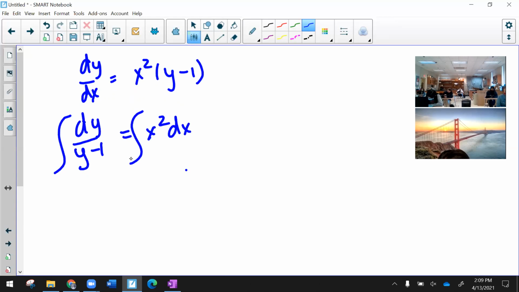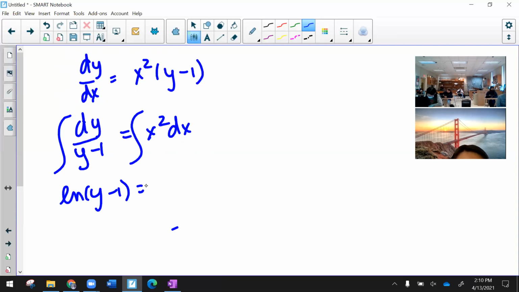So what's the integral on the y side going to be? Yeah, it's going to be the natural log of y minus 1, right? I could call it y minus 1 to the negative 1 if I wanted to, but when I do my inverse power rule, that gives me y minus 1 to the 0, and you know that's not right. So you have to recognize it as the natural log.